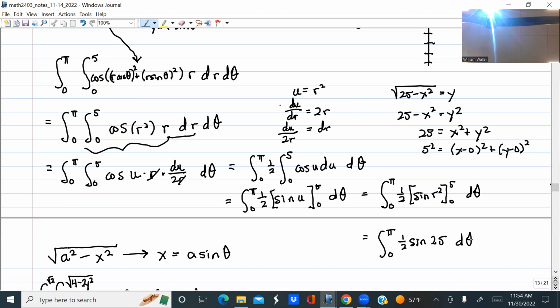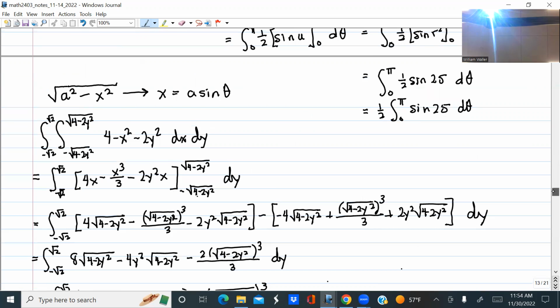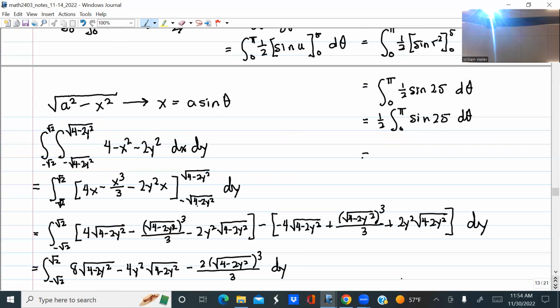I guess the 1/2, if you want to, you can factor that out also. But it's really easy to integrate sine of 25 with respect to theta, correct? Because this is a constant with respect to theta. So what's the antiderivative there?